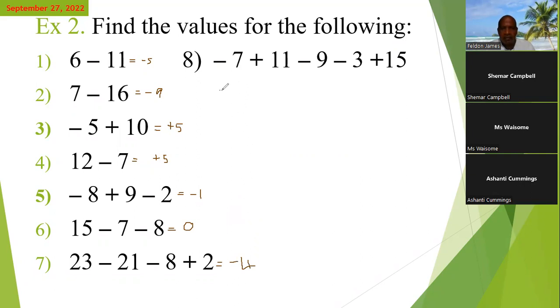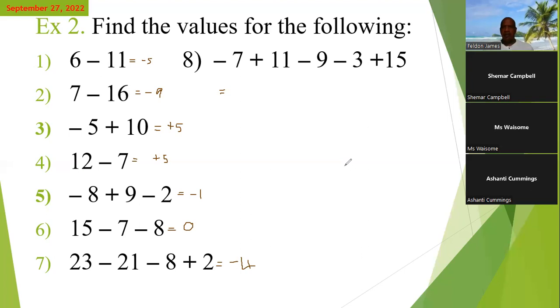Question 8. What is the answer here? Come guys, the time is going. Seven, sir.